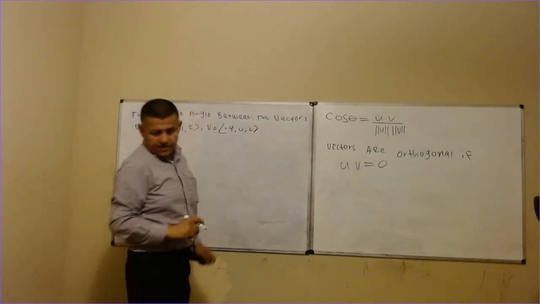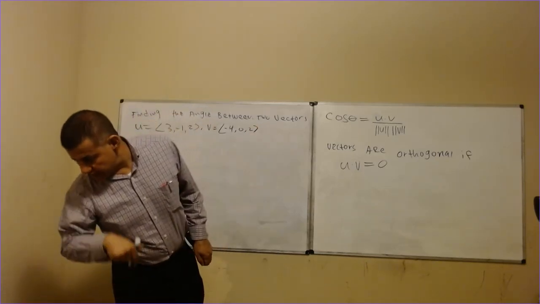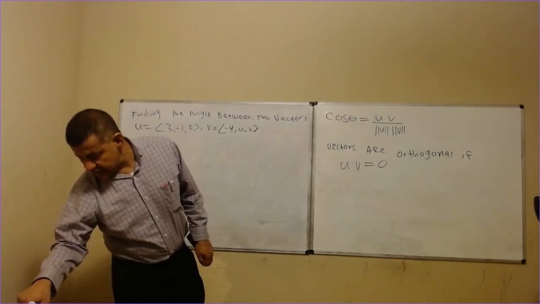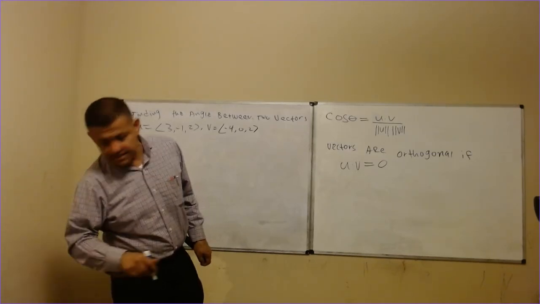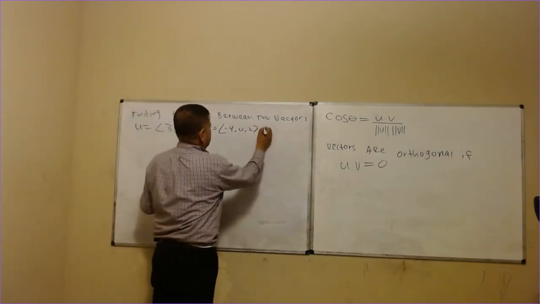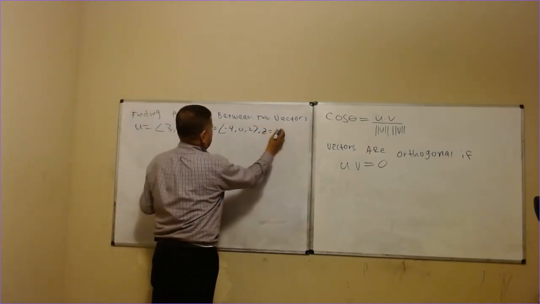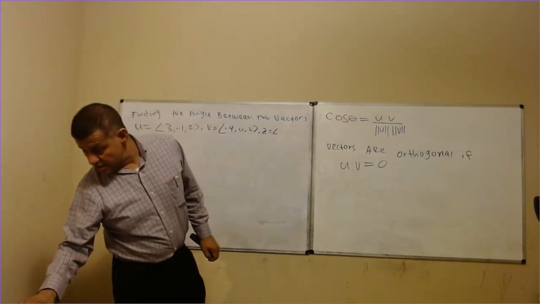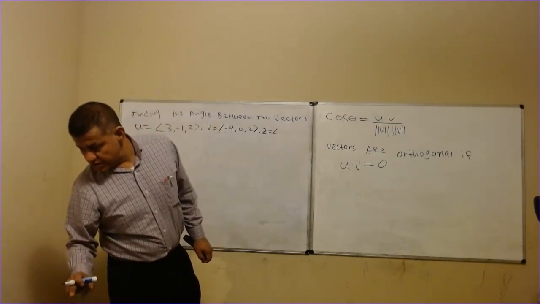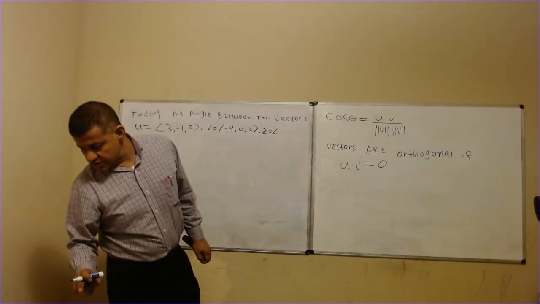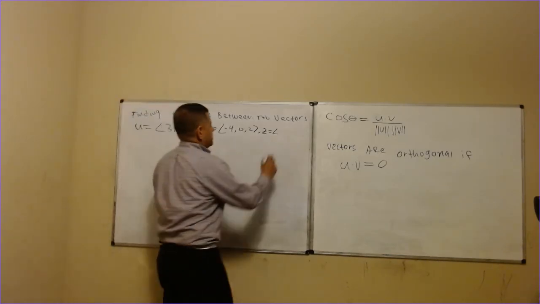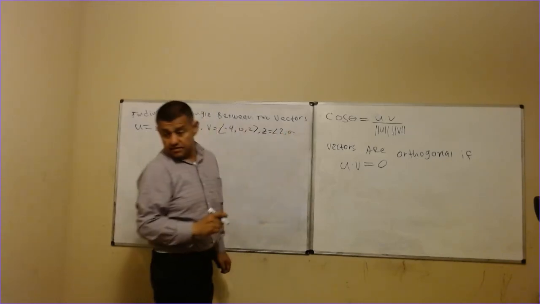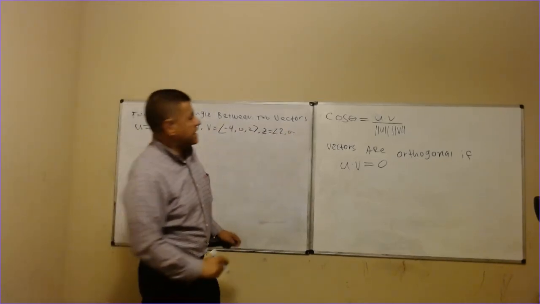So that's b. And then they have a z, c equal to 2, comma, 0, comma, negative 1. Yes, it's negative 1.